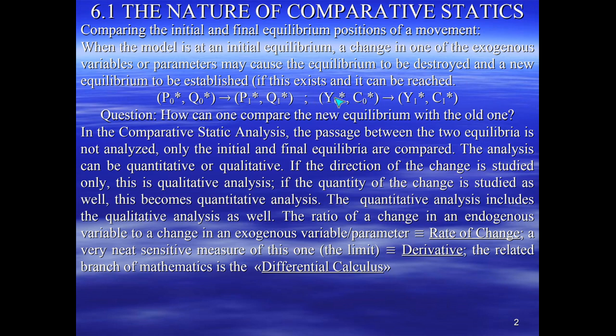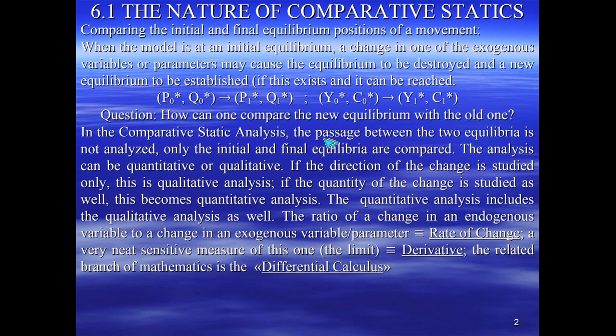So we can obtain an initial equilibrium position as Y0 star, C0 star, and the new equilibrium can be formed at Y1 star, C1 star levels, you see. So the question is this: how can one compare the new equilibrium with the old one?